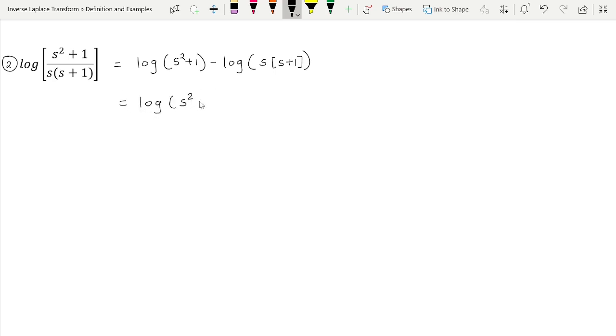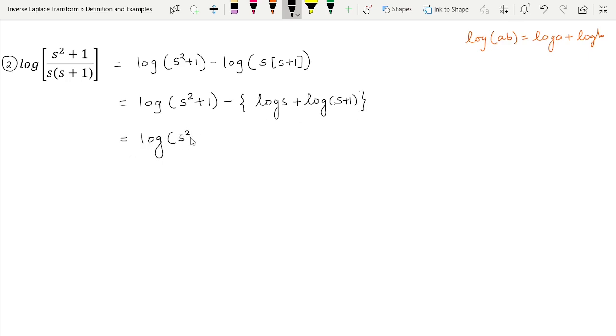This is equal to log of s square plus 1 minus log of s times s plus 1, and we use the property log AB is equal to log A plus log B. So this will be log of s plus log of s plus 1, and this is further equal to log of s square plus 1 minus log of s minus log of s plus 1.